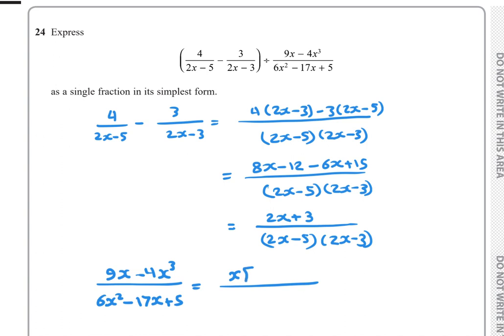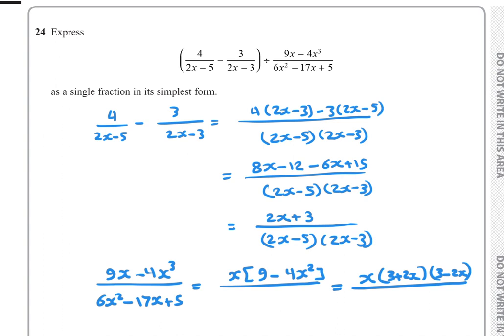So you are left with 9 minus 4x squared, which can be factorized more as a difference of two squares. So this can be factorized to brackets: 9 is 3 squared, 4x squared is 2x squared, plus and minus, because it's a difference of two squares.